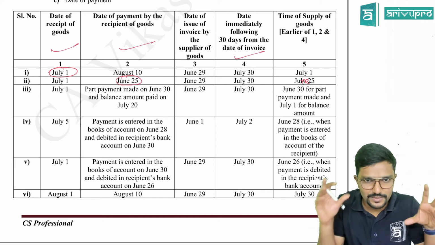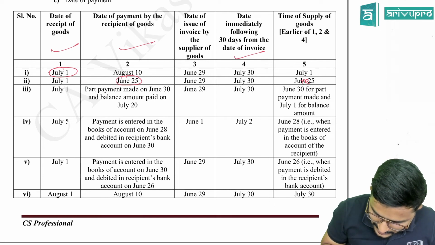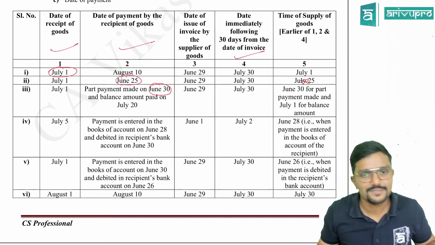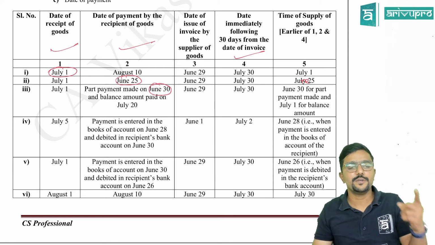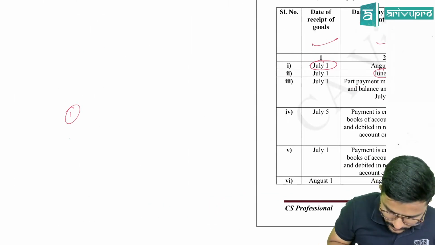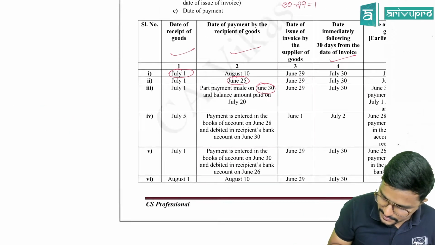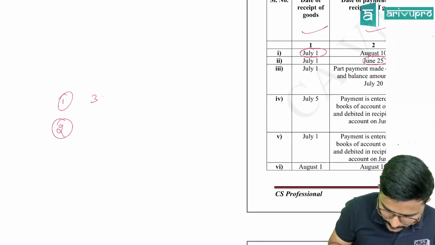So there are 2 sub transactions here. For the first part, the payment date is June 30th.